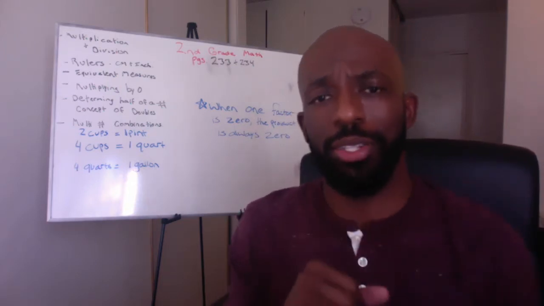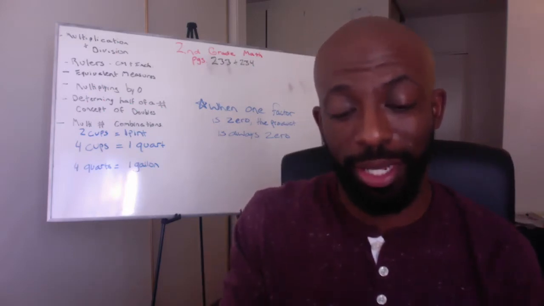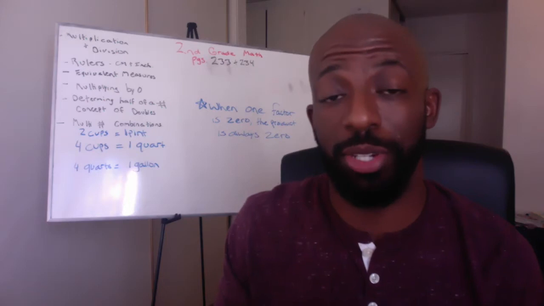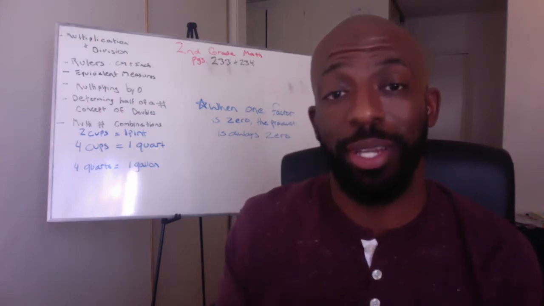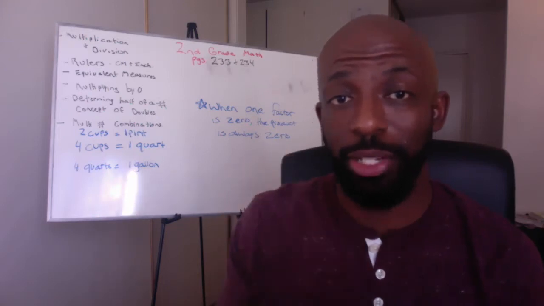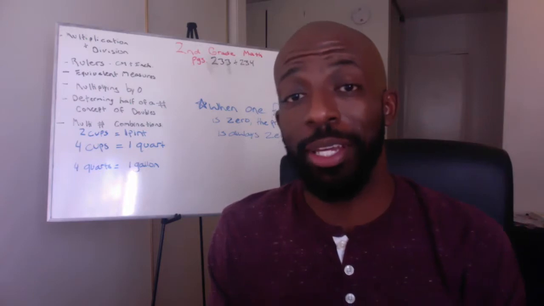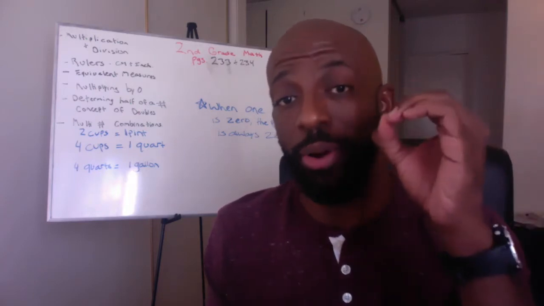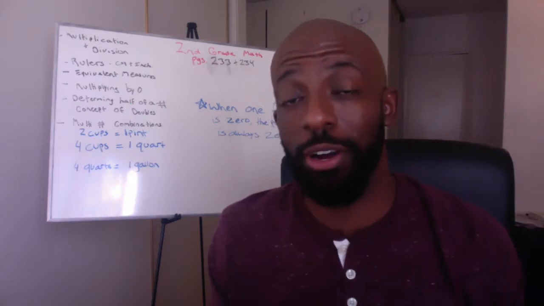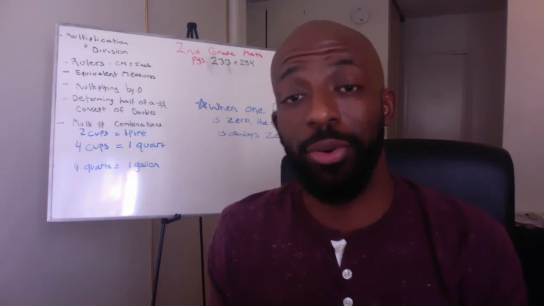So let me get this right. Anytime you take a number, let's say 50 times 0. If you gave out to 50 people 0 oranges, how many oranges did you give out? 0. No matter how big the number is, anytime you times it times 0, it is going to be 0. Anytime, like we did for our first problem, you take a number and times it times 1, it is going to be that number.